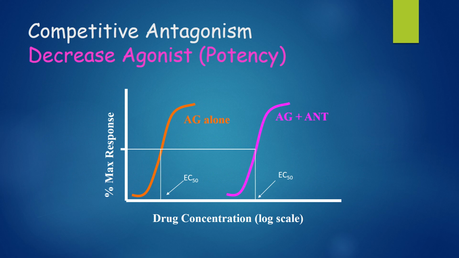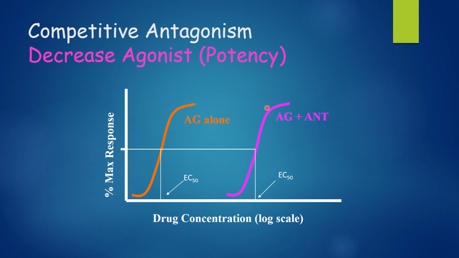Now see here. This is the graph showing competitive antagonism, with agonist and antagonist, the dose response curve. This graph shows agonist alone. This is the ED50, the effective dose 50, and this is the dose, and the efficacy is also reached here.